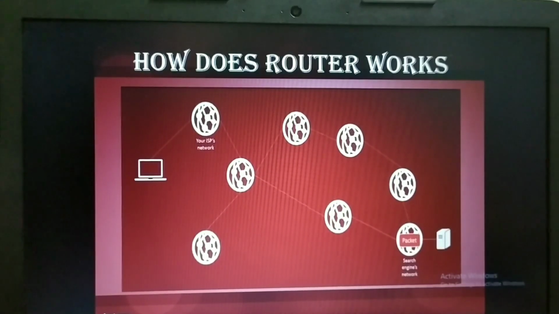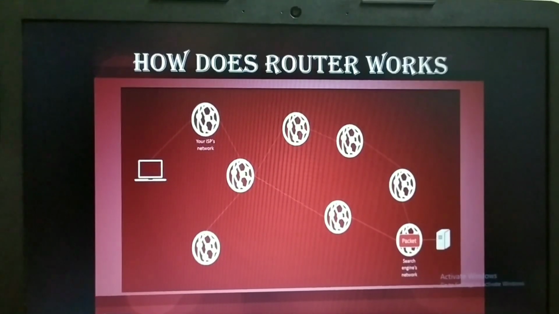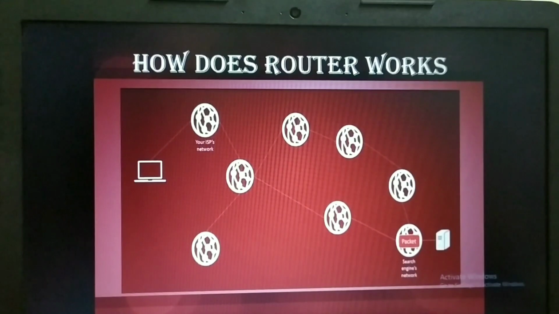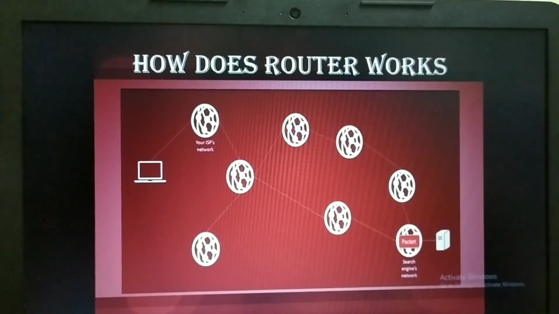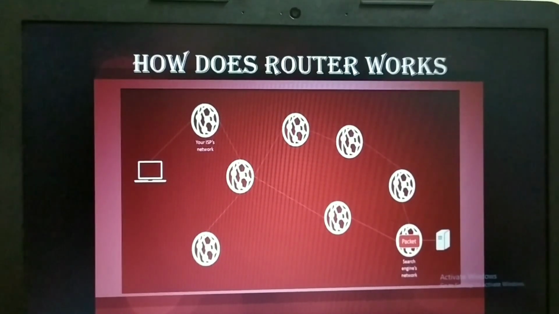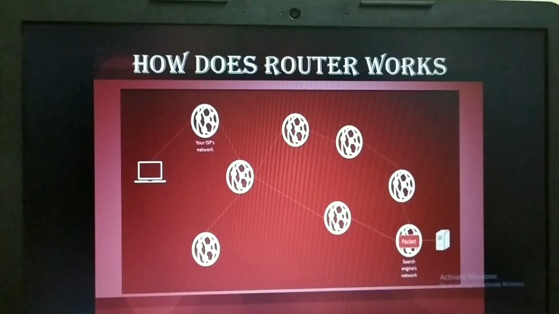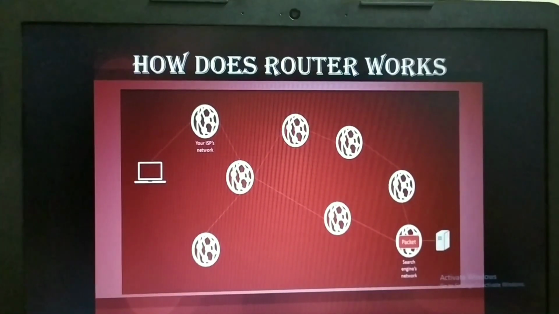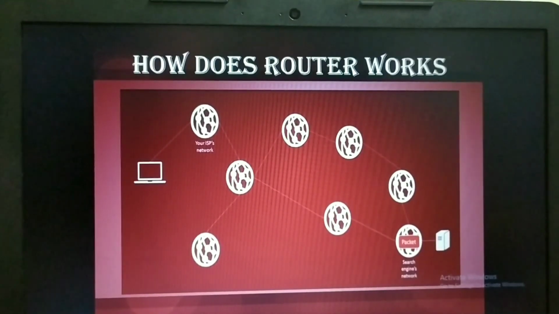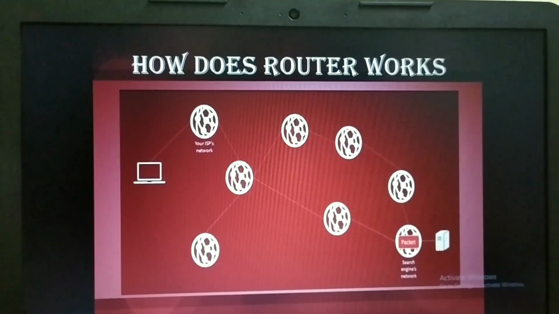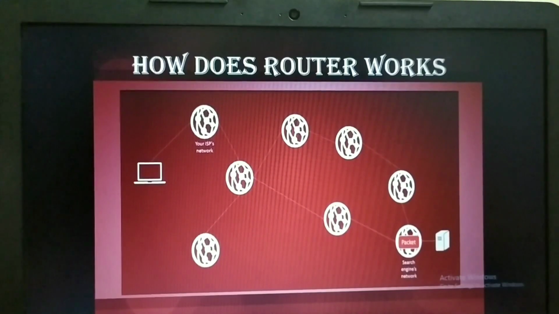That means it shows the route or path of the data or information, and then that data or information breaks down or converts into package data, and by this way that data goes to the destination computer, destination device.